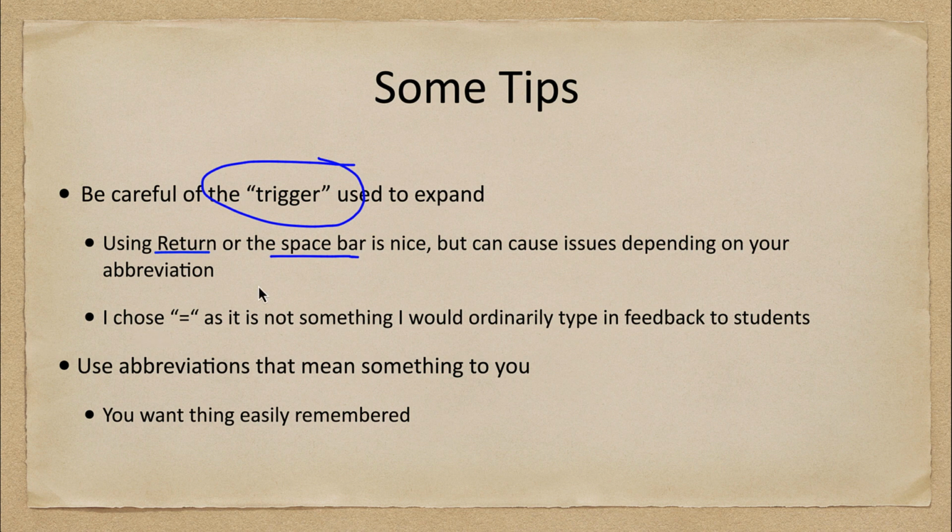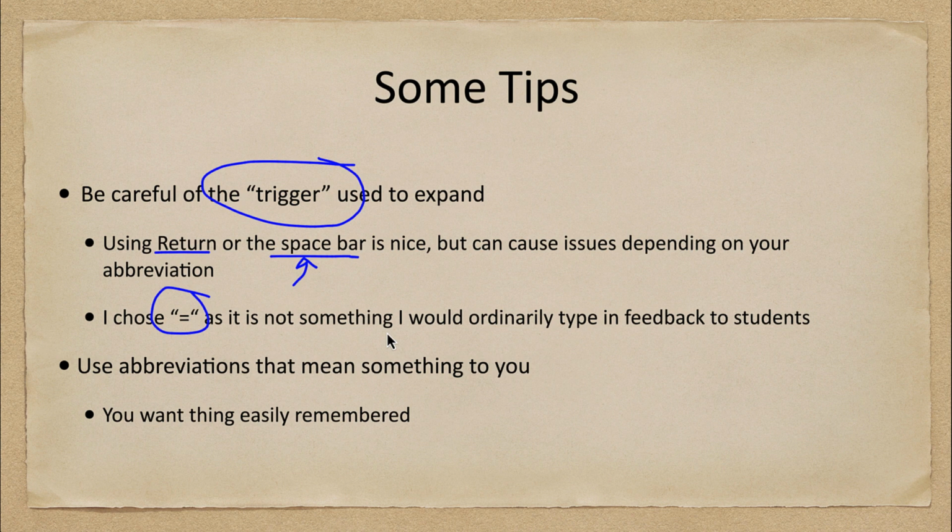What I've done is that instead of my trigger being something like a space bar, I use the equal sign. That's not normally something I would type in my feedback to my students. I would not normally type some code and then an equal sign, or even a word and an equal sign, so it would be very odd if I were using that. You could pick some other character. I like the equal sign.